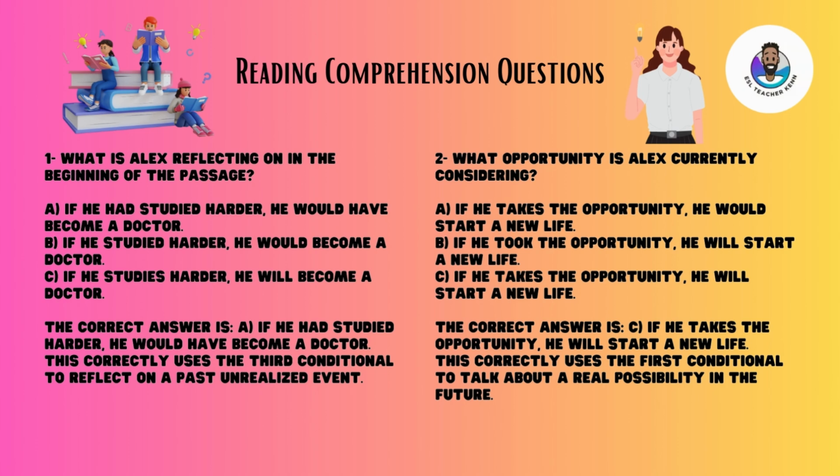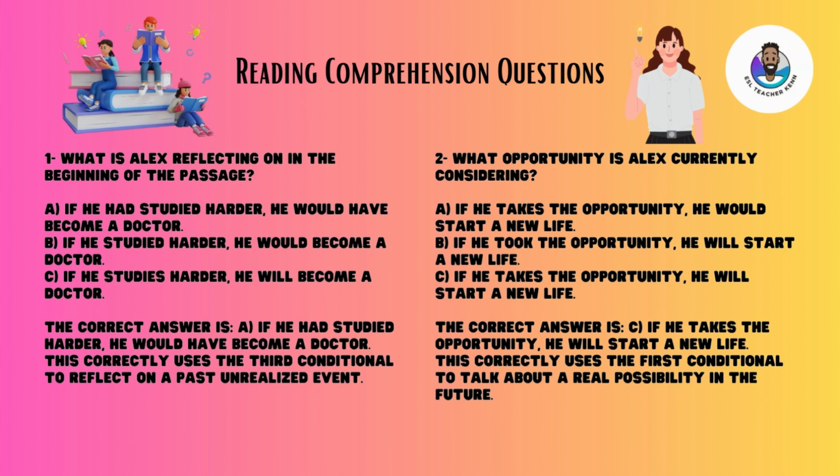Number 2. What opportunity is Alex currently considering? A. If he takes the opportunity, he would start a new life. B. If he took the opportunity, he will start a new life.